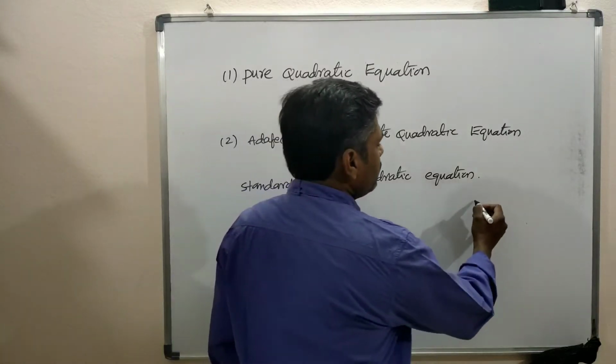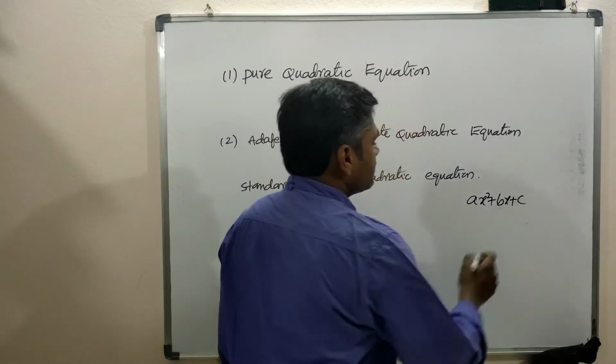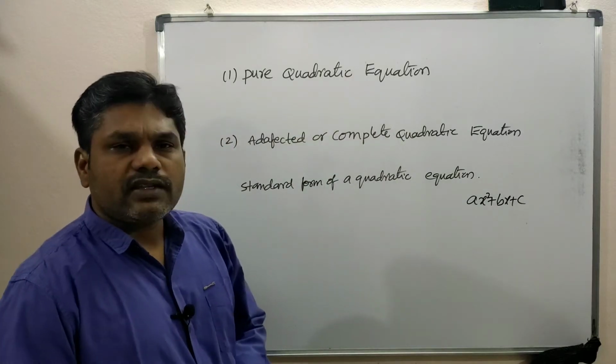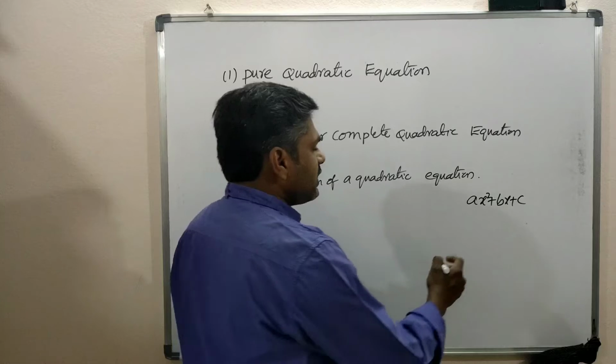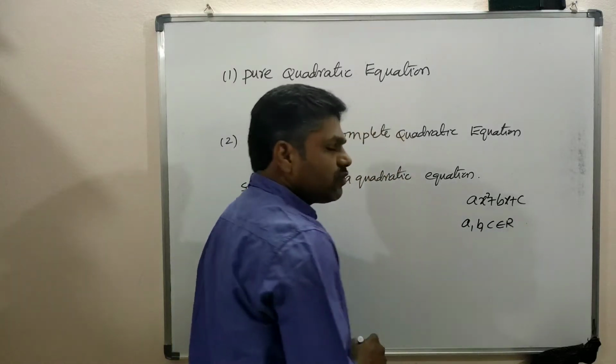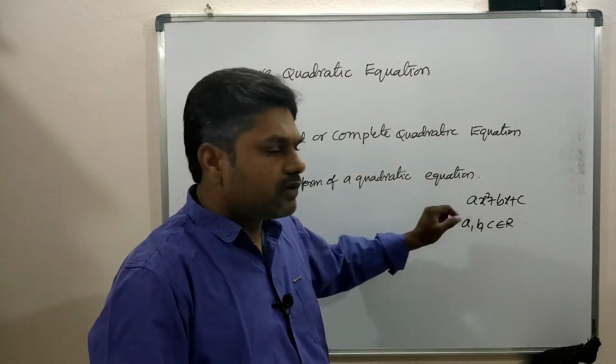Actually, if you want to write any quadratic equation, you will write it like this: ax square plus bx plus c. In this quadratic equation, a, b, c belong to the set of real numbers. That's why it is called a real quadratic equation.